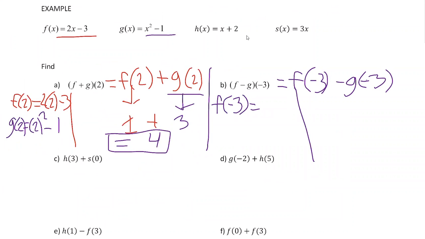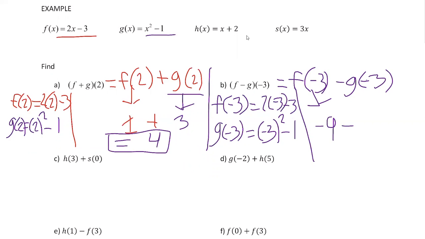But f of negative 3 would be 2 times negative 3 minus 3. And then g of negative 3 would be negative 3 squared minus 1. If you work this out, 2 times negative 3 minus 3 would be negative 9.